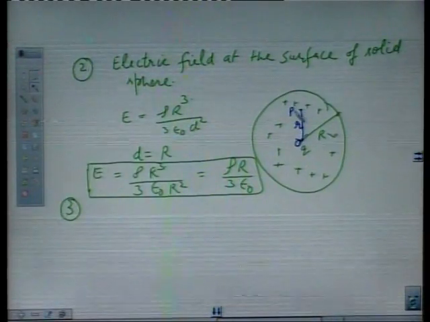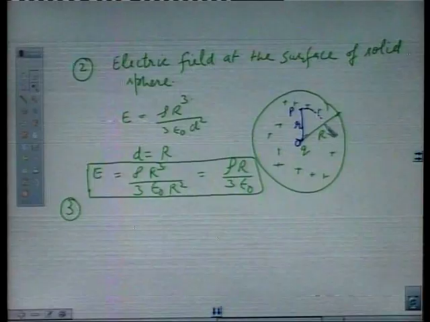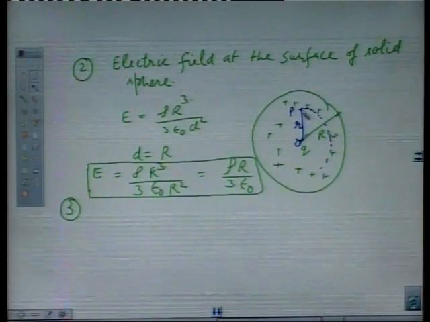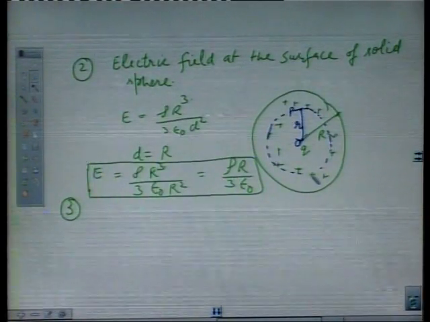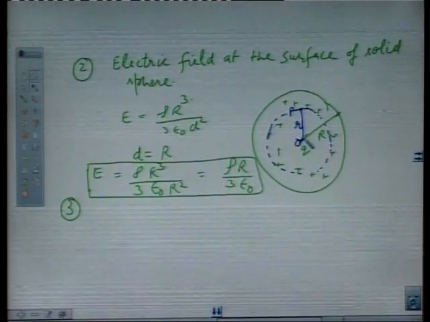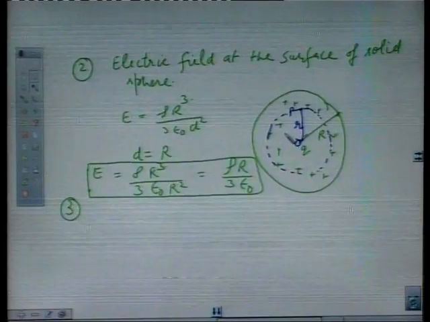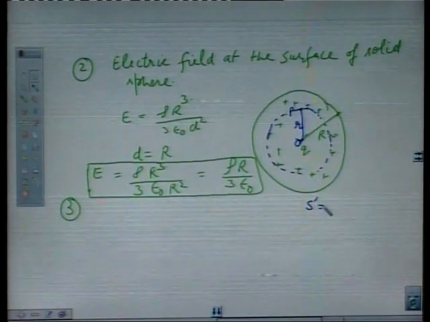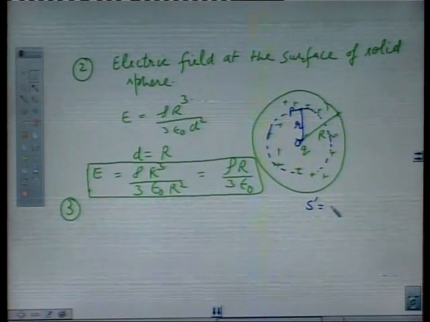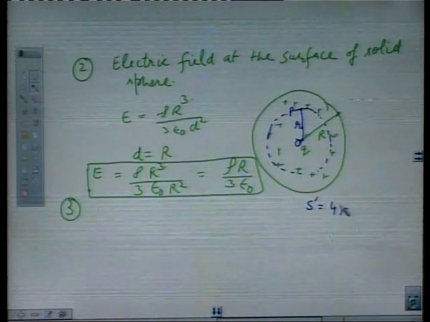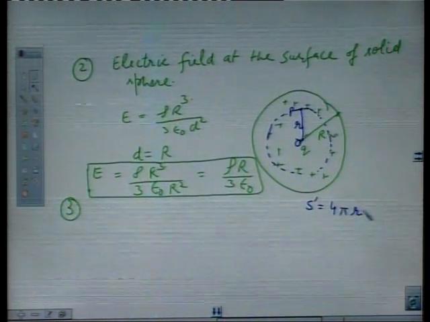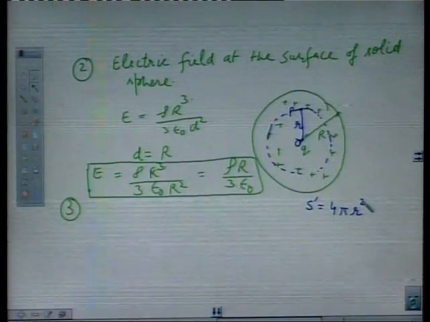Now taking this point, we will draw a Gaussian sphere whose radius is r. So the surface area S dash of this sphere is 4 pi r square.